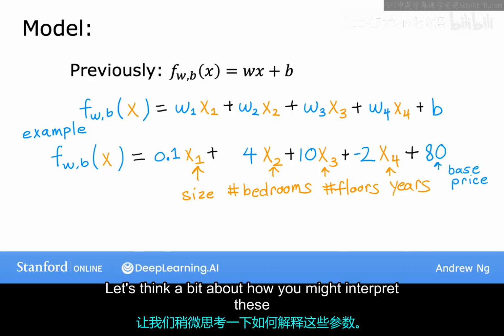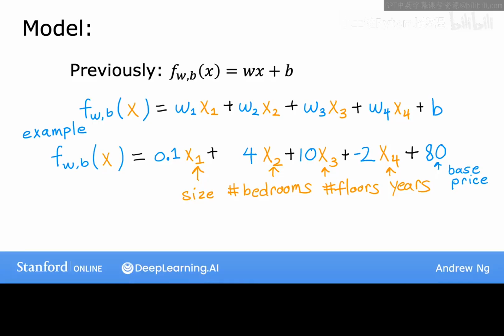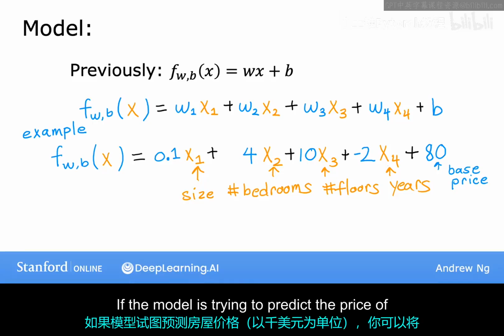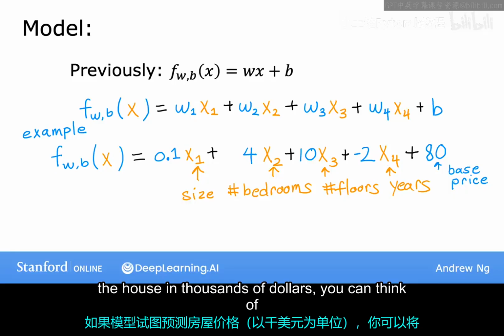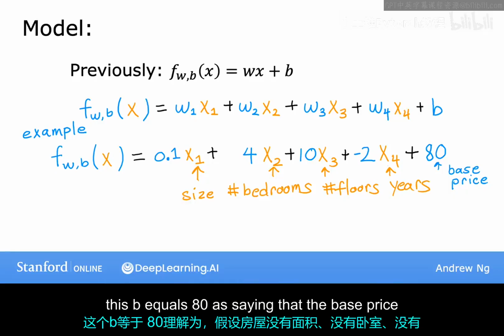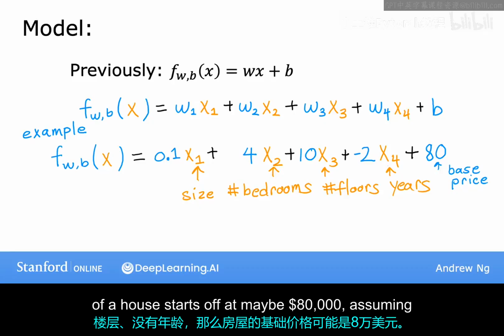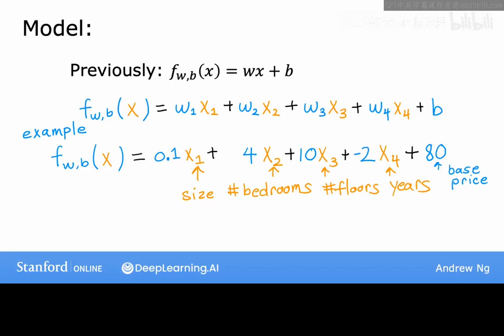Let's think a bit about how you might interpret these parameters. If the model is trying to predict the price of the house in thousands of dollars, you can think of this b equals 80 as saying that the base price of a house starts off at maybe $80,000, assuming it has no size, no bedrooms, no floor, and no age.